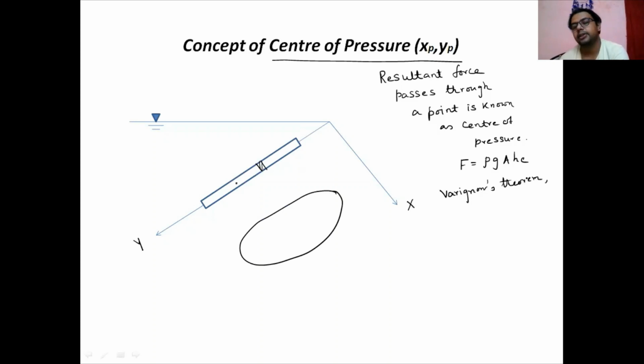So what is Varignon's theorem telling? Here, initially what we consider is y, dy, a small elemental area we are considering here initially. So what was the force acting? The force acting, if you remember, was the elemental force.